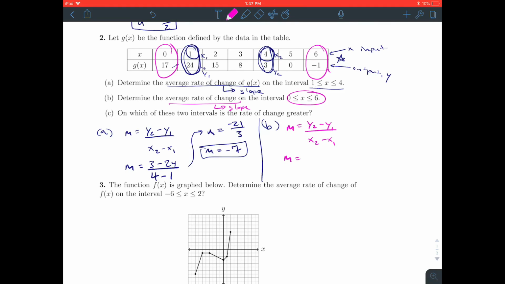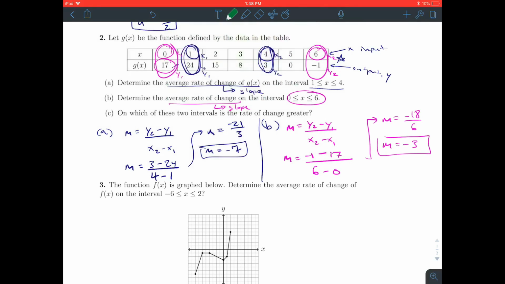This time, we've got negative 1 as the second y value, minus the first y value, 17, over the second x value minus the first x value. So we get m is equal to negative 18 over 6. m is equal to negative 3.